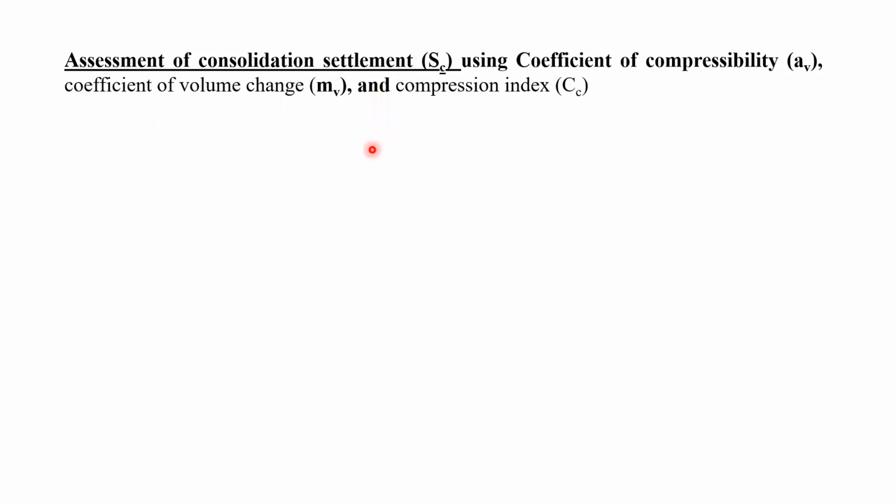So let us see how we can find out the different equations for the consolidation settlement SC, right? As we know, the void ratio e is equal to, here e0 is the initial void ratio, volume of void by volume of solid. So volume of void we can write as total volume minus volume of solid, right?